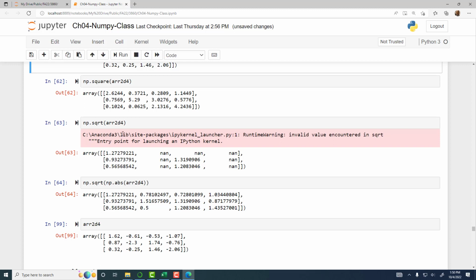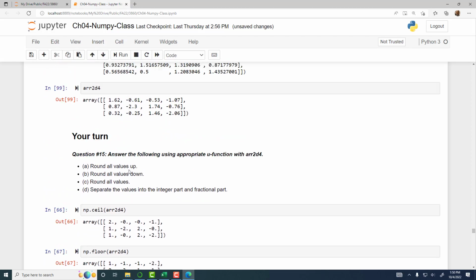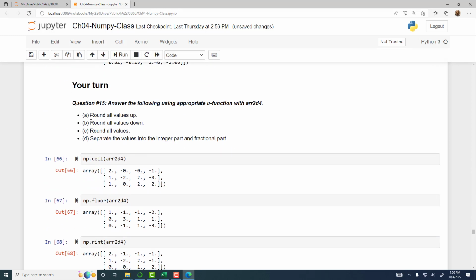So you will get a warning that some of the values encountered some problem. Okay. So on. And then here we took the absolute value and then did the square root here. And round up all values, ceiling.